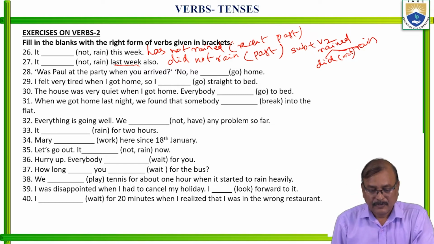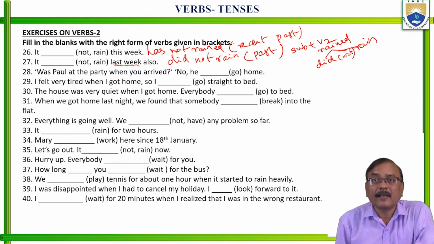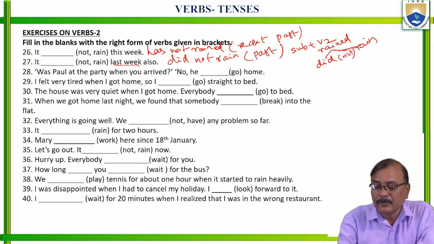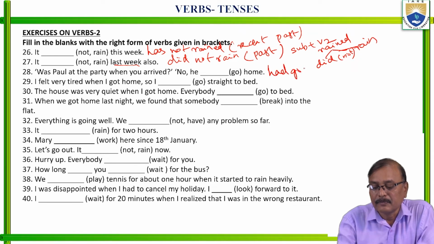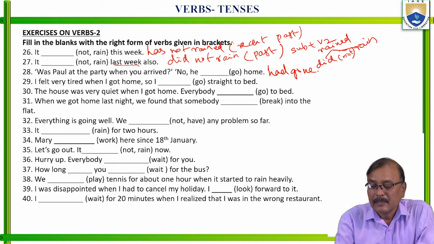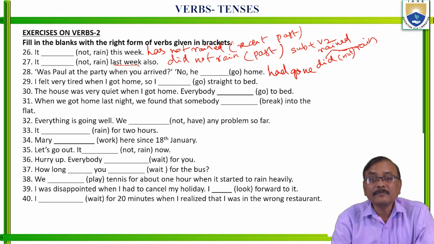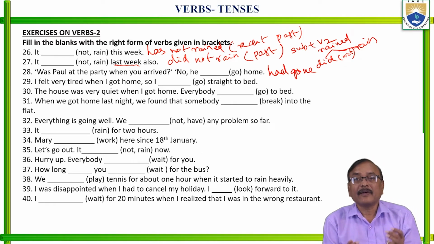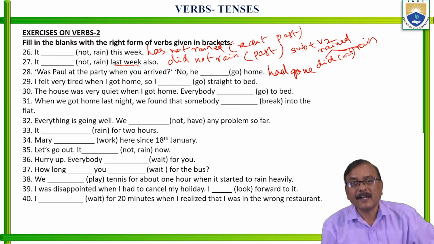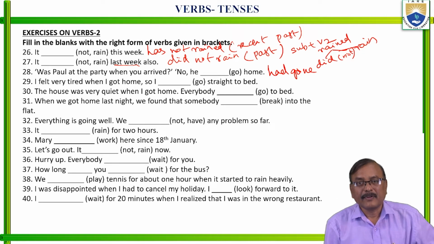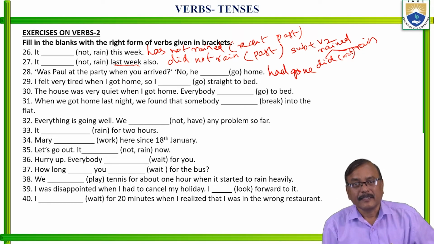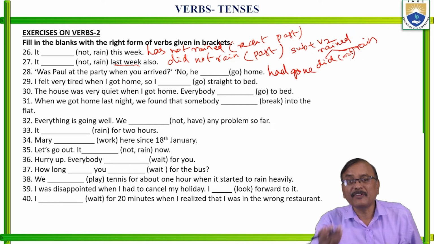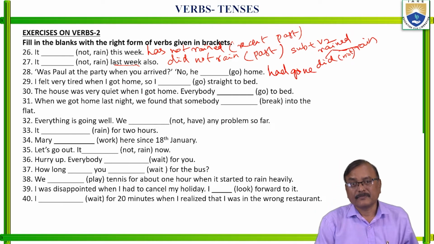Next. Was Paul at the party when you arrived? No. He had gone home. Why is it had plus V3? He had gone home before we arrived. He was not there. When we arrived, he was not there. Is it clear?